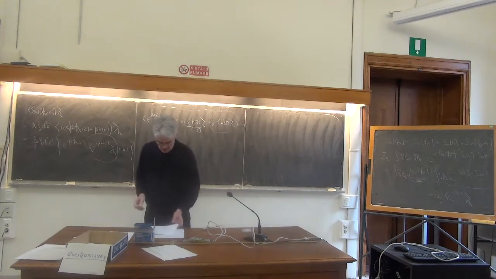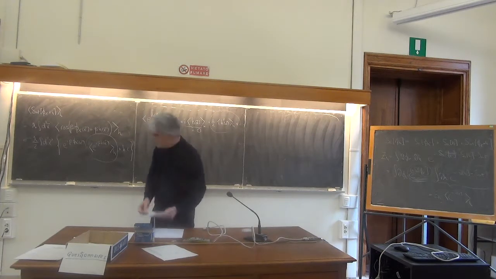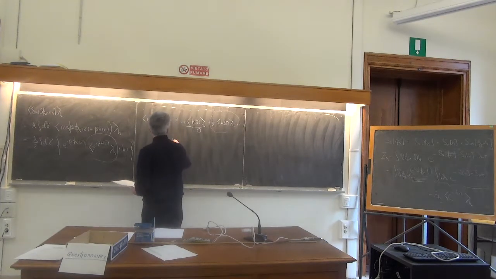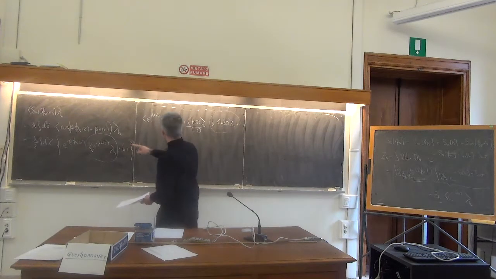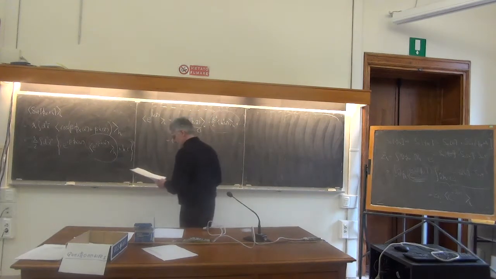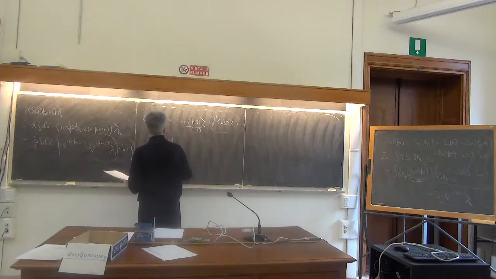Well, the easiest way is you just go to momentum space. So then this becomes 1, I drop the beta squared, minus beta squared over 2.